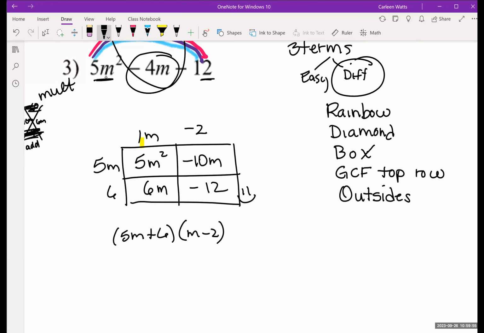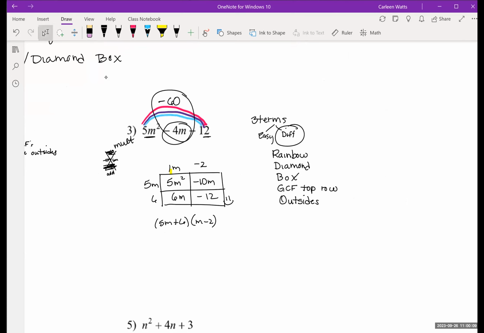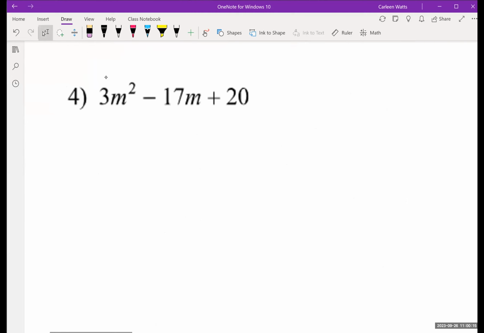The outside, yes, the outside is the answer. Okay. The outsides give you the answer. All right. Okay, awesome. With practice, if you kind of get it now, you're going to get really good at this. Okay. Step 1, I have 3 terms.